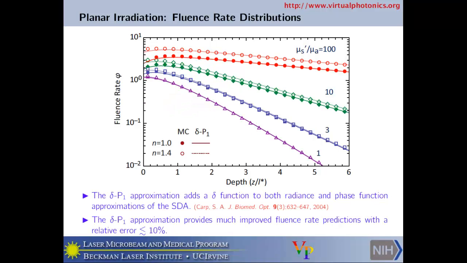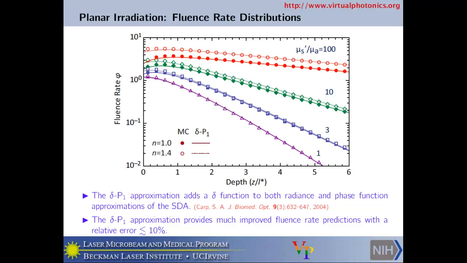Delta P1 predictions, which are here, do remarkably well. And that's because in the cases of high absorption, you have a better representation of the collimation of light, and a better representation of the decay of collimated light.